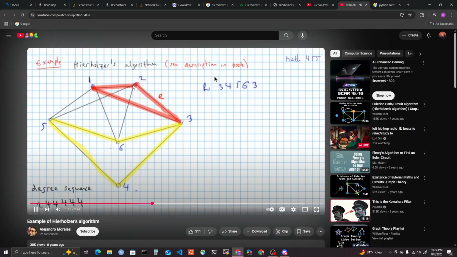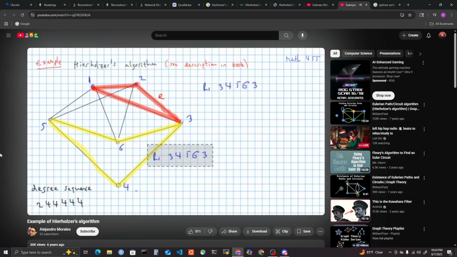So what does it mean patching? Since that triangle is incident to vertex 3, I'm going to patch R1 and include that 3 cycle here. So that 3 cycle covers vertices, say 3, then 2, then 1, and I'm back to 3.